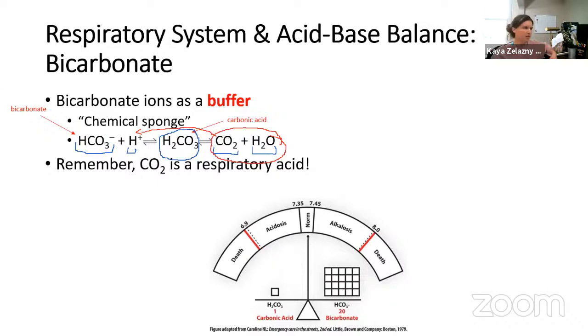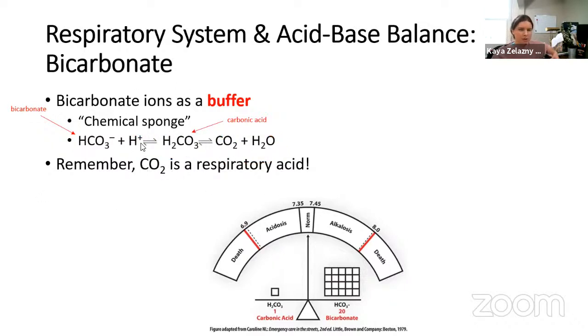Okay, but this is why we consider CO2 to be a biological acid, right? Because of this process where we can take CO2 and essentially turn it into hydrogen ions and bicarbonate in the body. Okay, so CO2 is a respiratory acid.